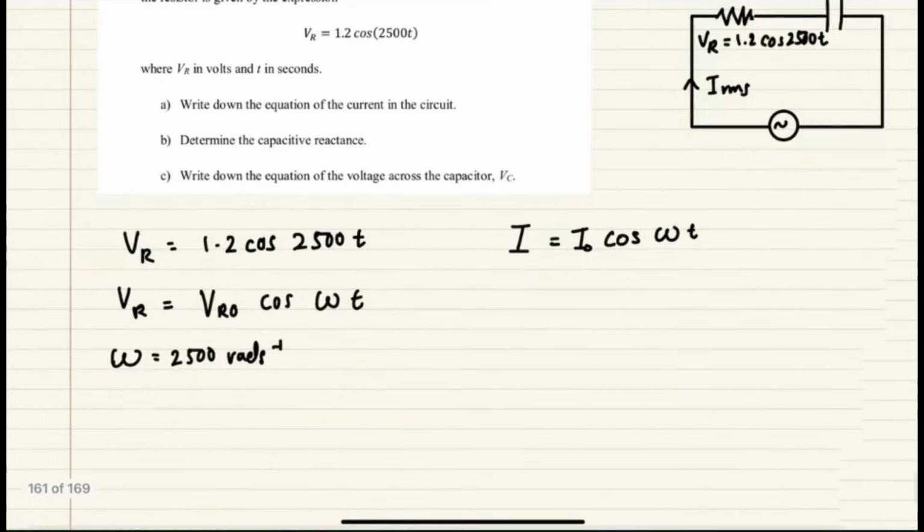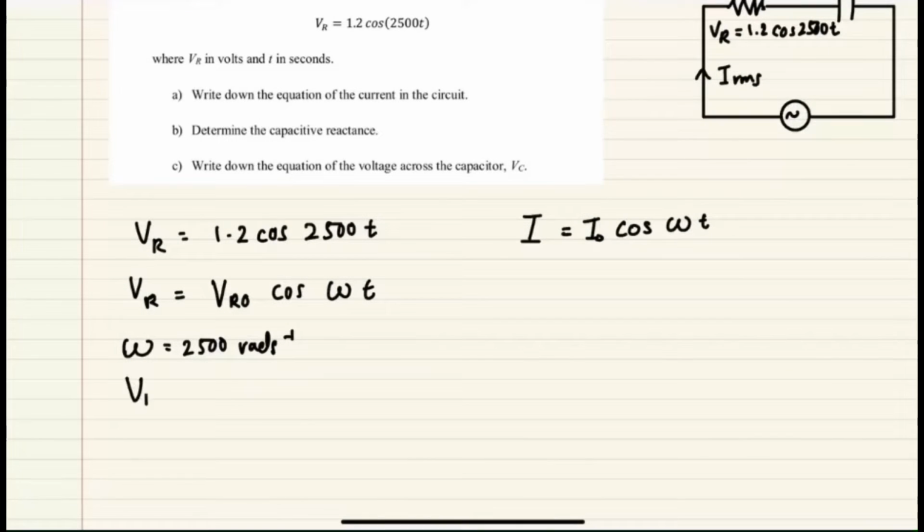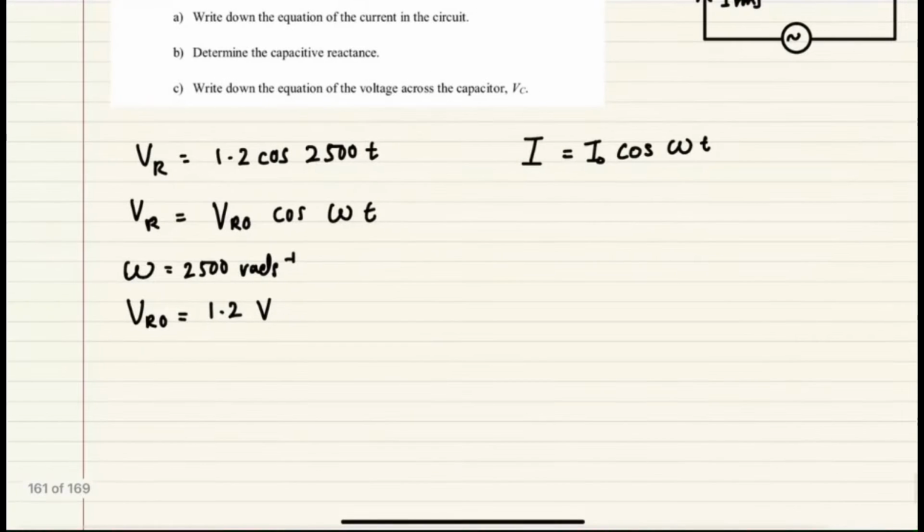So now you have to find I naught. You do have VR naught. If I want to use the equation V equals I R, this is VR naught, then this one is my I naught.